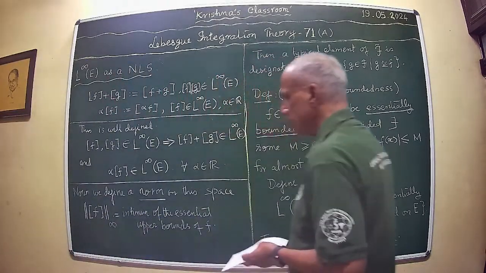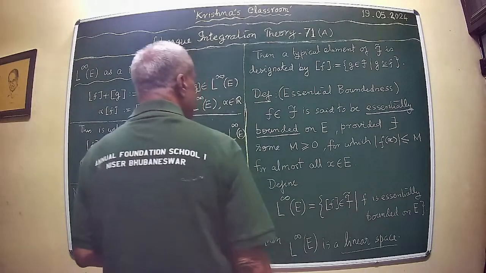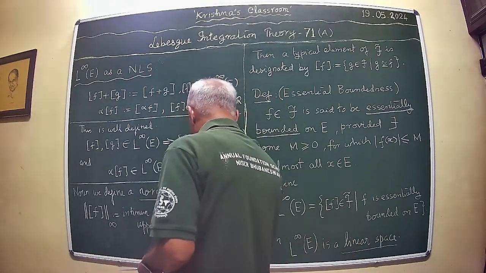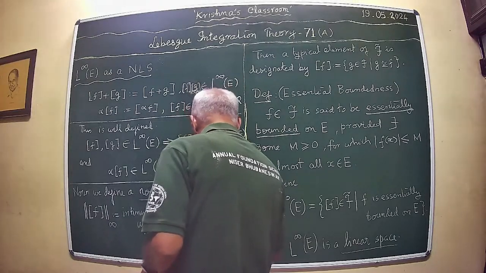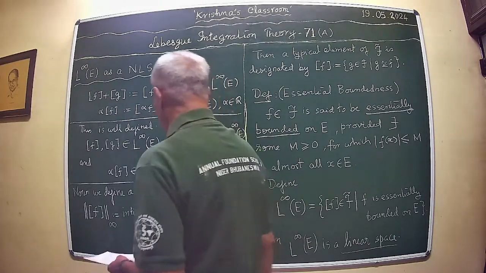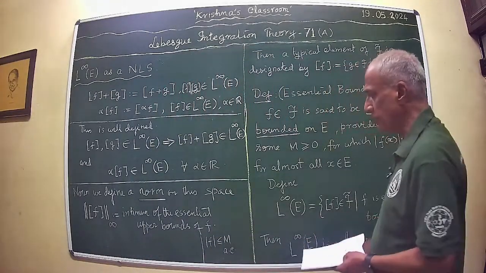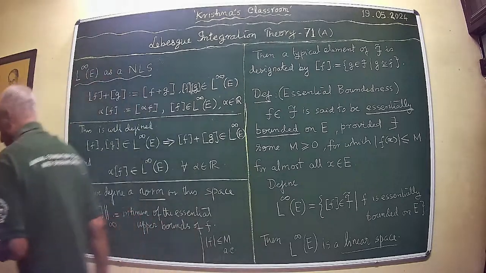An essential upper bound is an M, positive or non-negative, such that mod f is at most M almost everywhere. So you have got several such upper bounds, and you know that it is bounded below by 0.